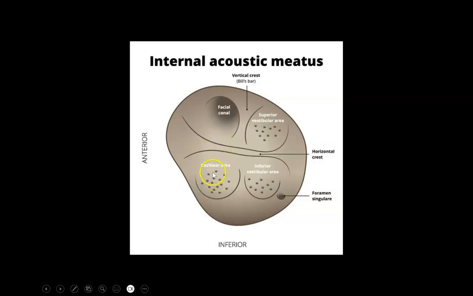So here 7 up, here Coca-Cola, here the superior vestibular, here the inferior vestibular, and the superior vestibular nerve is separated from the facial nerve by a crest called Bill's bar. Bill's bar, you know, the nickname for William House, the founder of the House Institute. And this is called Bill's bar, the bar of William House.